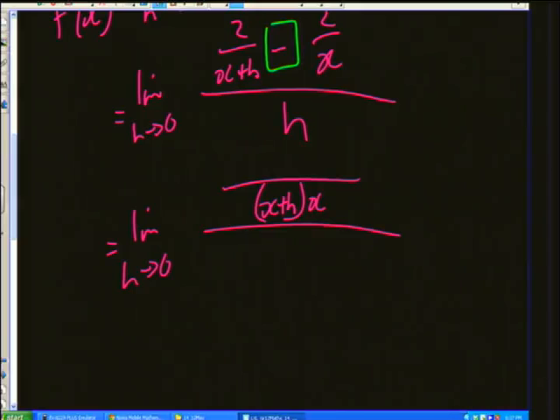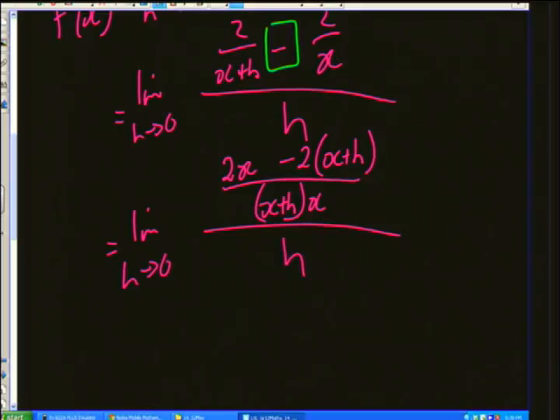I'm going to say x plus h into the common denominator goes x times, 2 times x, and I will have a 2x on that side. And then on this side, I'm going to say minus 2. And how many times is x? It goes minus 2 times x plus h. Now, please take note of that. I've got this all over h.